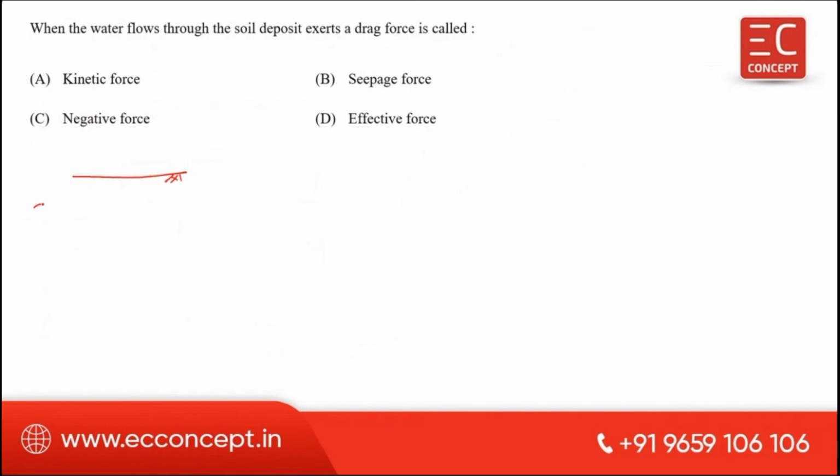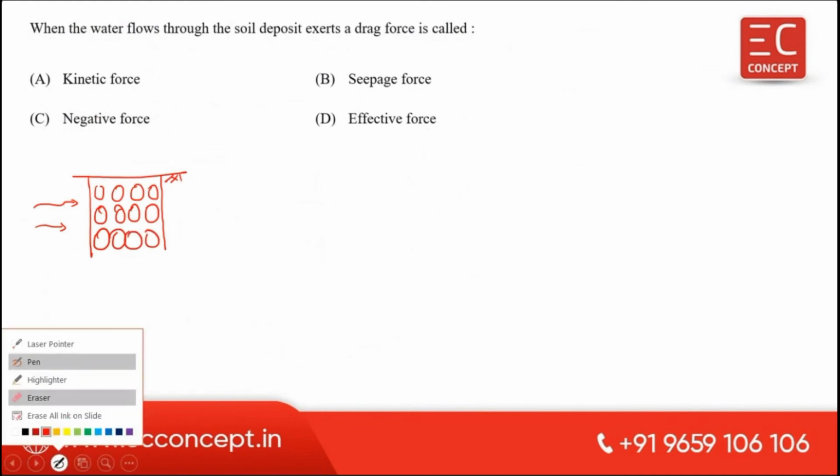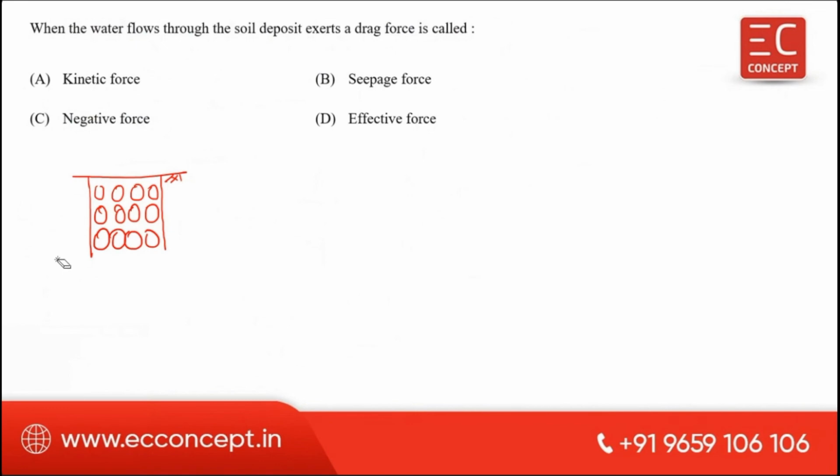There is seeping water and a soil mass. While seeping, this water will exert a force on this soil mass. This is the flowing direction, and this will create a drag force on the soil.